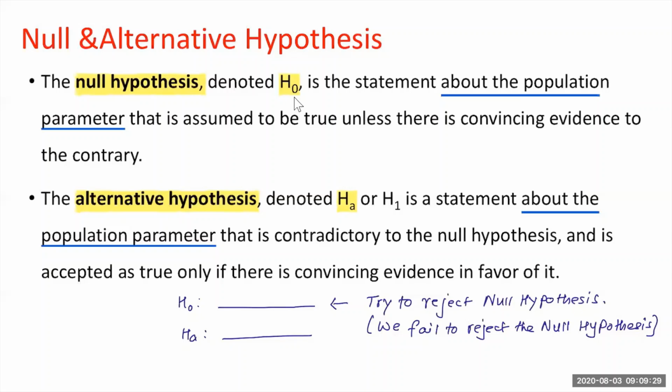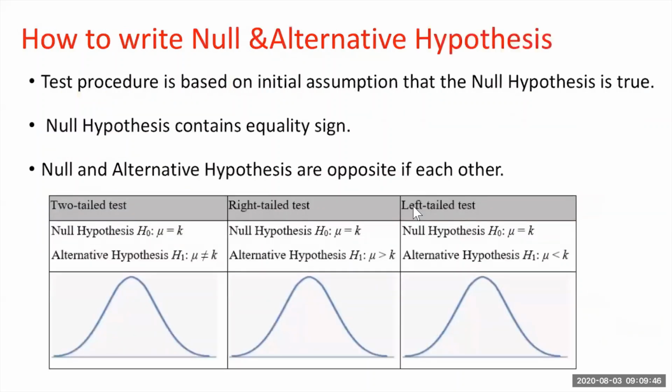If the null hypothesis is denoted as H sub 0, then the alternative hypothesis is denoted as H sub A or sometimes H sub 1. That's the way of denoting the alternative hypothesis, H sub A or H sub 1. Now let's go into a little more detail on how we write the null and the alternative hypothesis. This is the kind of procedure that we need to know.